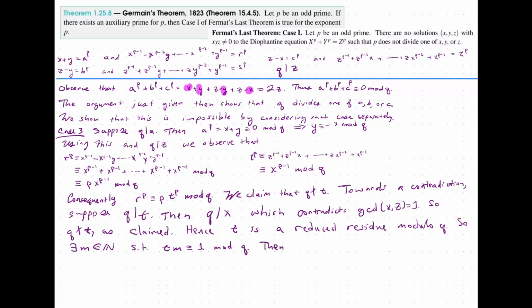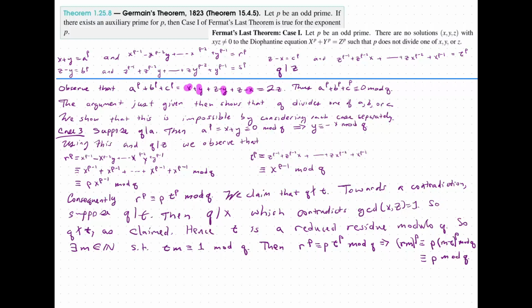So then we have that our equation, r to the p congruent to p times t to the p mod q, implies that r m to the p is congruent to p times m t to the p mod q, but mt is congruent to 1, so this is going to be congruent to p mod q.